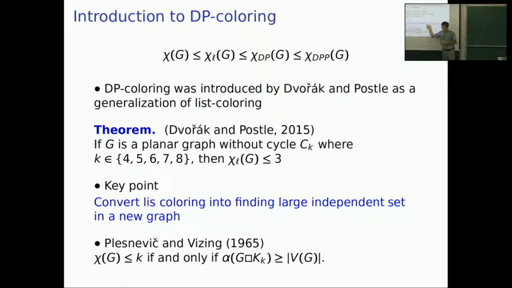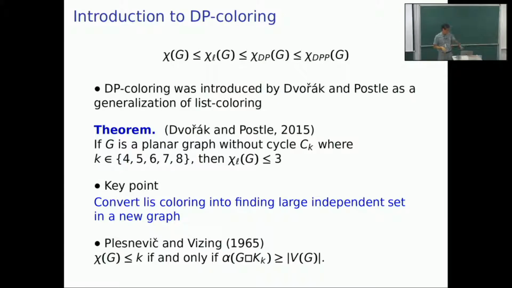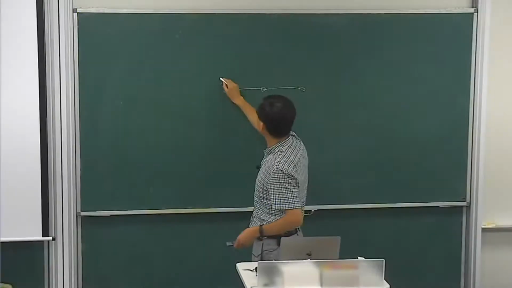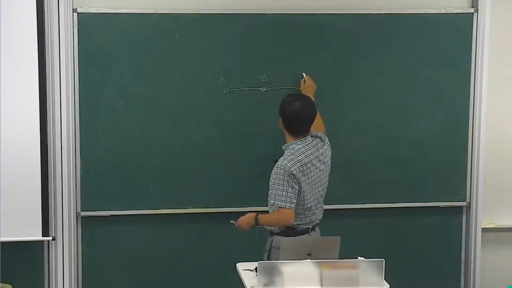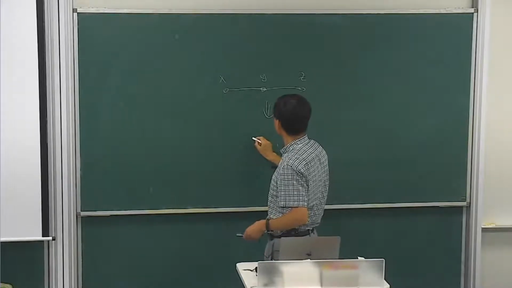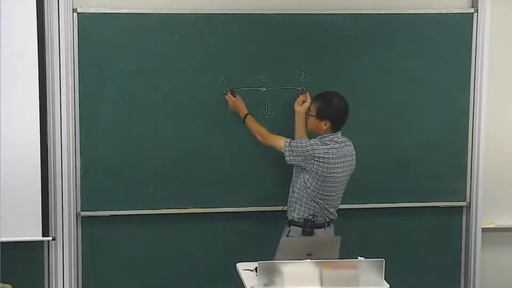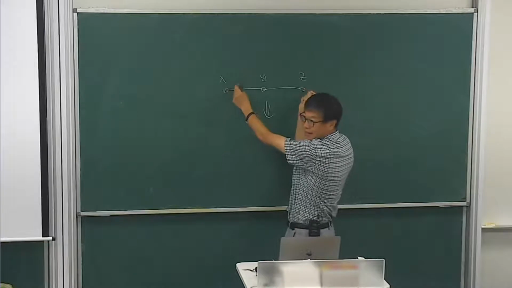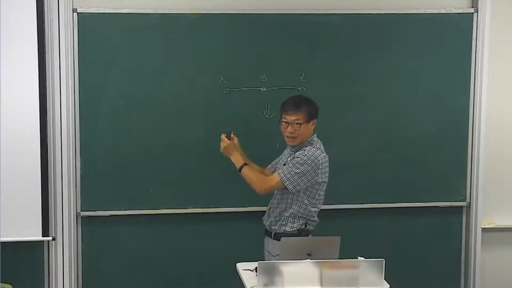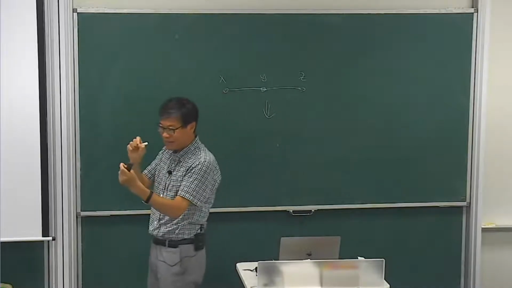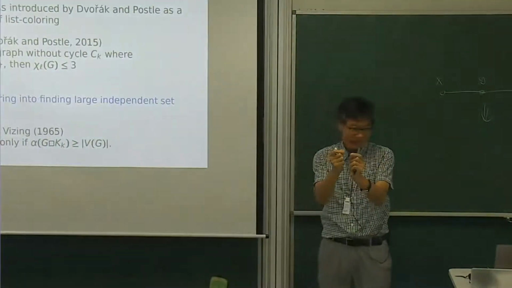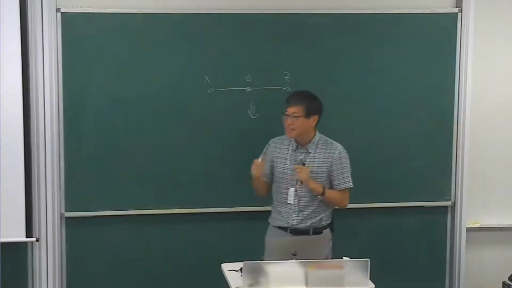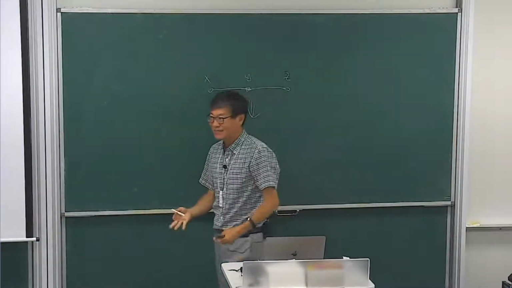Why they introduced DP coloring: usually when we study list coloring, sometimes to make a reduction we identify two vertices, x and y in G. But in list coloring this is not allowed.